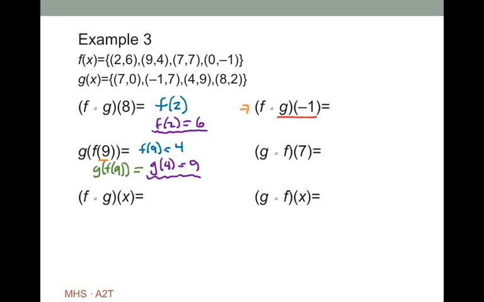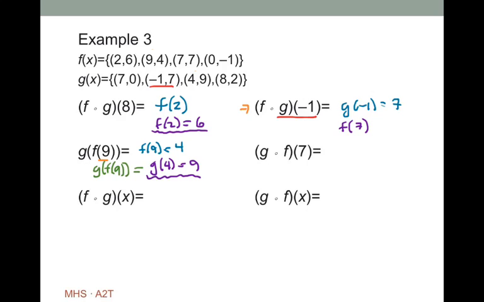Okay, if you're back, hopefully you found that g of -1 is 7, and therefore f of 7 is 7. If you plugged in the next function, g of f of 7, then you took 7 and plugged it into f.